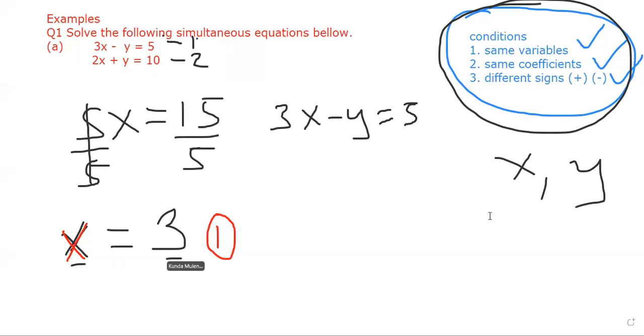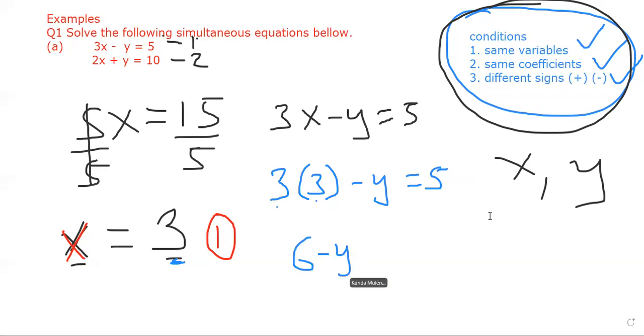Let me change color here. So we are going to say that where there is x, we're going to put this 3. So we multiply, then minus y is equal to 5. And then 3 times 3 will give us 9, minus y is equal to 5.